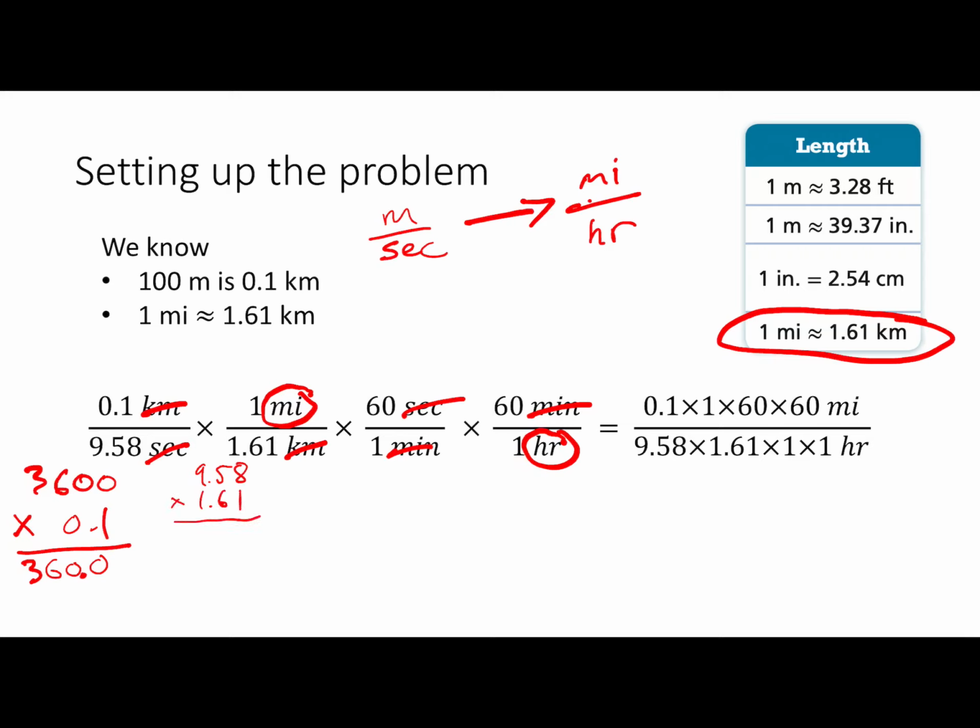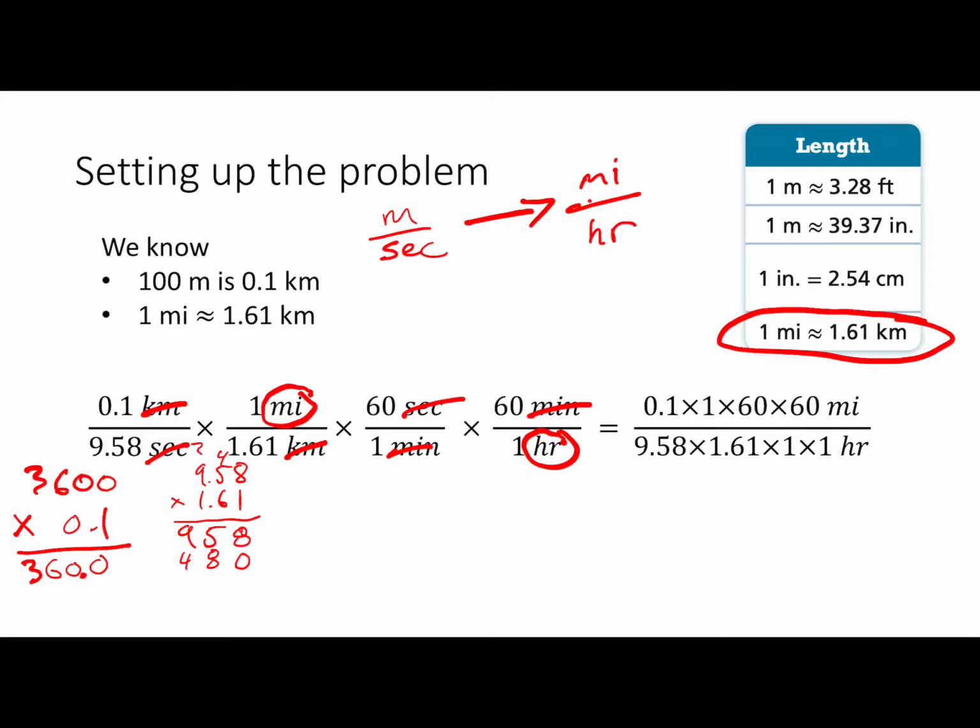So we just need to do 9.58 times 1.61. Luckily, there's a lot of ones in there, so this should go pretty quick. So you have 1 times 8, then 5, then 9. So that's 8, 5, 9. Second line, we put our 0 in. This one's got a little more work to it.